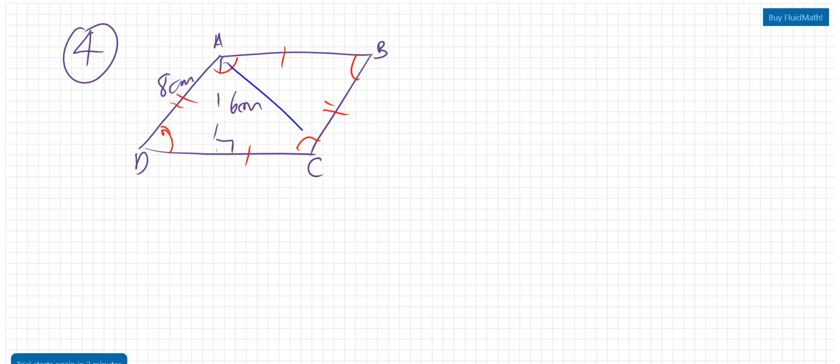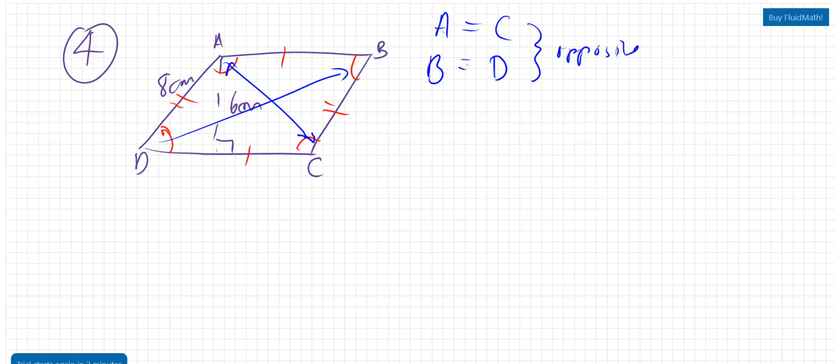So angle A here is opposite angle C. They are equal. And the angle here with D is opposite B, and they are equal. Okay, so angle A is equal to angle C, and angle B is equal to angle D because they are opposite. That's a feature of a parallelogram, and that's really important to know.